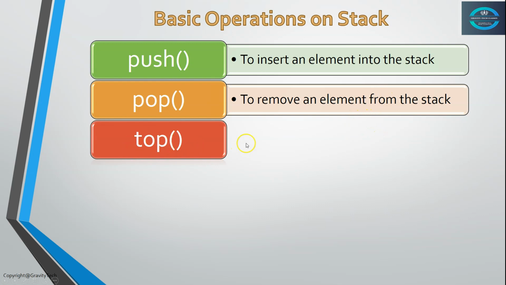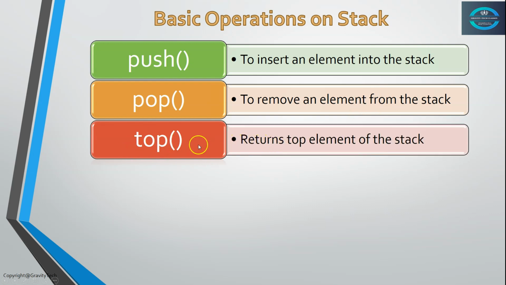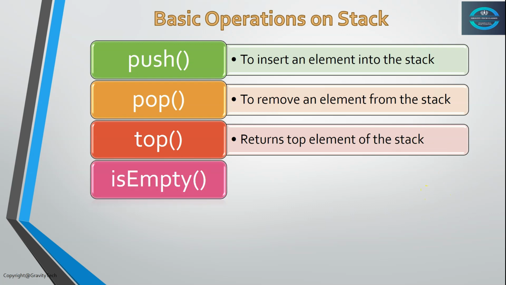Top is an operation which returns the top of the stack. When you invoke the top operation, it simply returns where the top is, so that you understand from where to remove or where to insert.